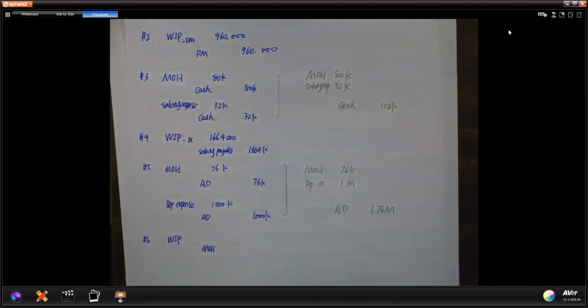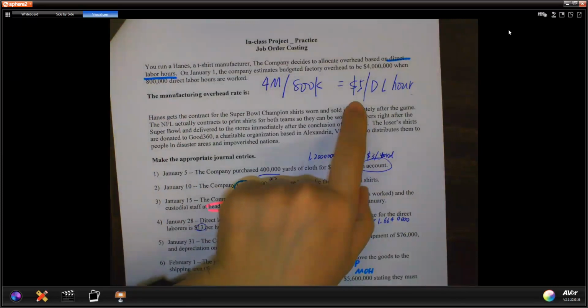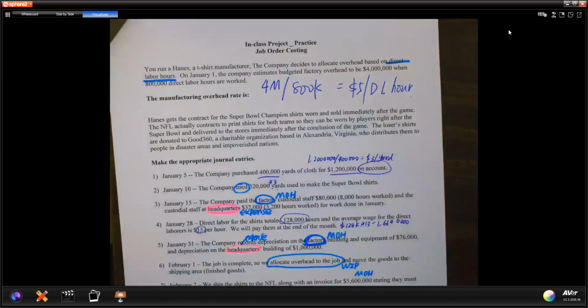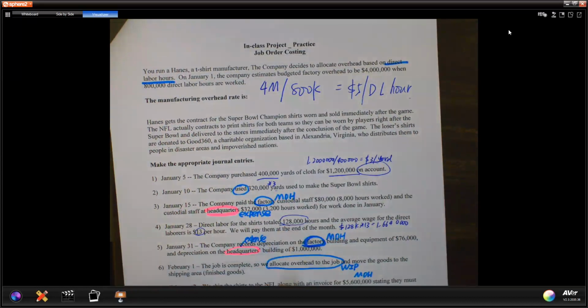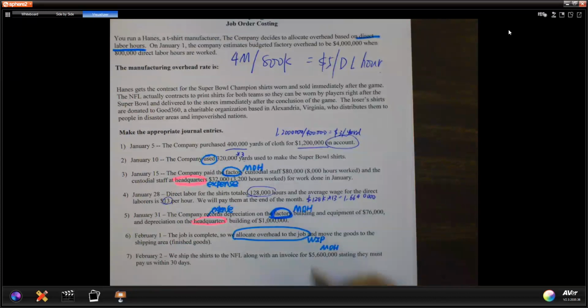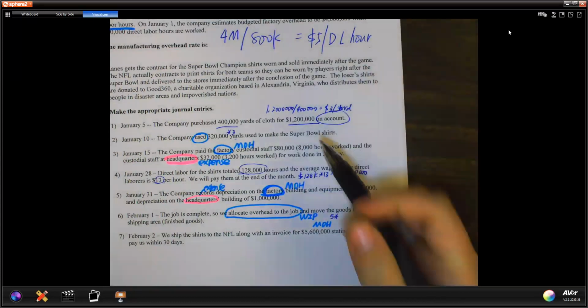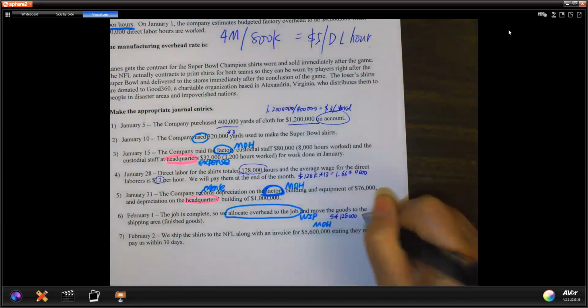So how do we get the dollar amount? When we allocate it, our rate is $5 for 1 direct labor hour used. For this specific job, how many direct labor hours used? We used 128,000 hours. So how much has to be allocated? $5 for 1 direct labor hour, and we used 128,000 direct labor hours.